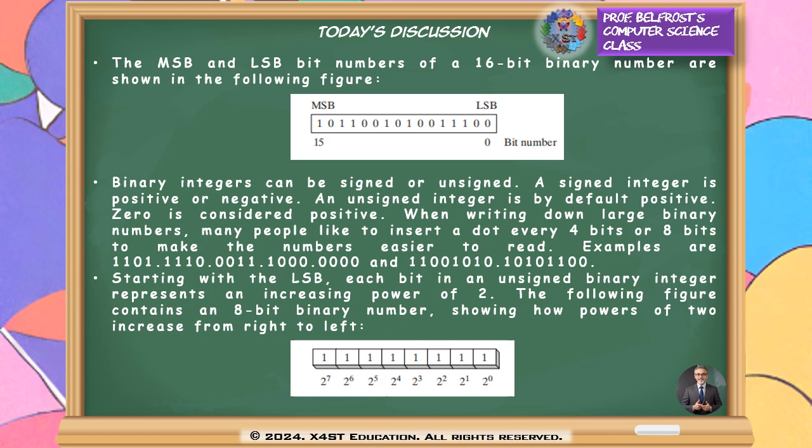I know that in mathematics zero is neutral, neither positive nor negative, but in computer systems we almost always assume that zero is positive, so don't be confused by this. Also, when you are counting things, you start from 1, 2, 3, 4, 5, 6, 7, 8, and so on.